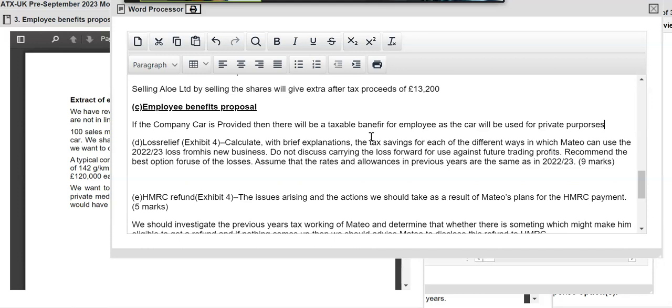Or you can also write private journeys as well.